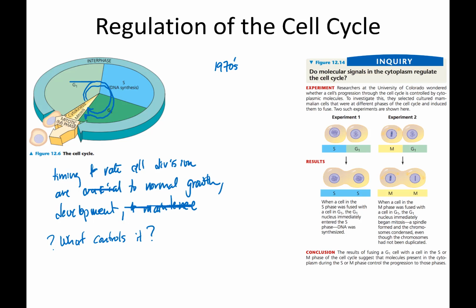They took two mammalian cells, one in the S phase, another one in the G1 phase, and artificially fused these cells together. What they ended up with was a cell with two nuclei.